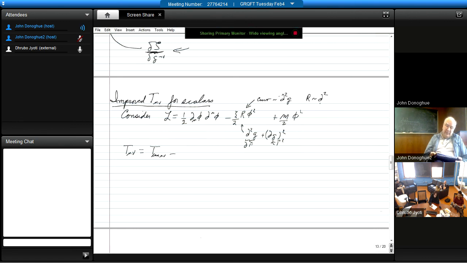But then there's a couple extra pieces. The obvious one is minus C R mu nu minus 1/2 g mu nu R phi squared. But then there's also a piece which is C g mu nu box minus d mu d nu phi squared.